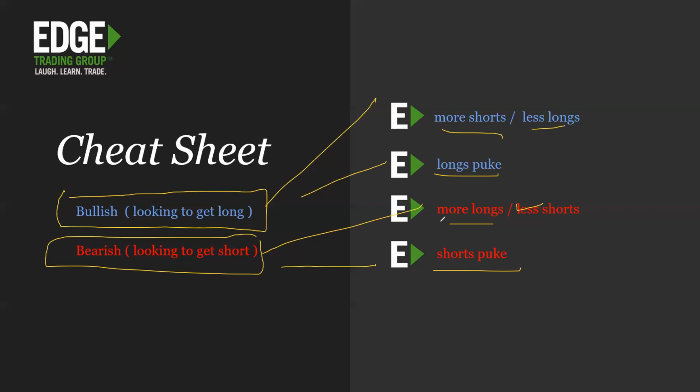That's what a cheat sheet's for. How about if you want to get short, little Johnny? I want to see more longs, Mr. Drager, less shorts, and shorts puking. And understand why. And then all of a sudden, you have a better chance at this being reactionary.